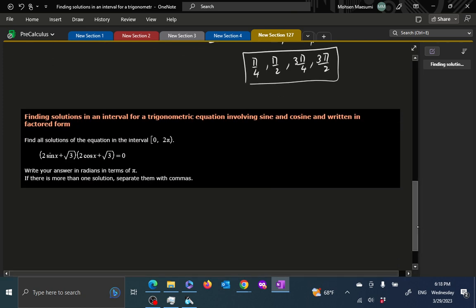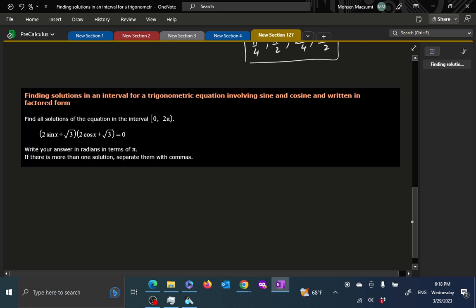Here's another one. So either 2 sine of x plus radical 3 is 0, or 2 cosine of x plus radical 3 is equal to 0. So this tells us sine of x is equal to minus radical 3 over 2, and this one says the same thing for cosine.